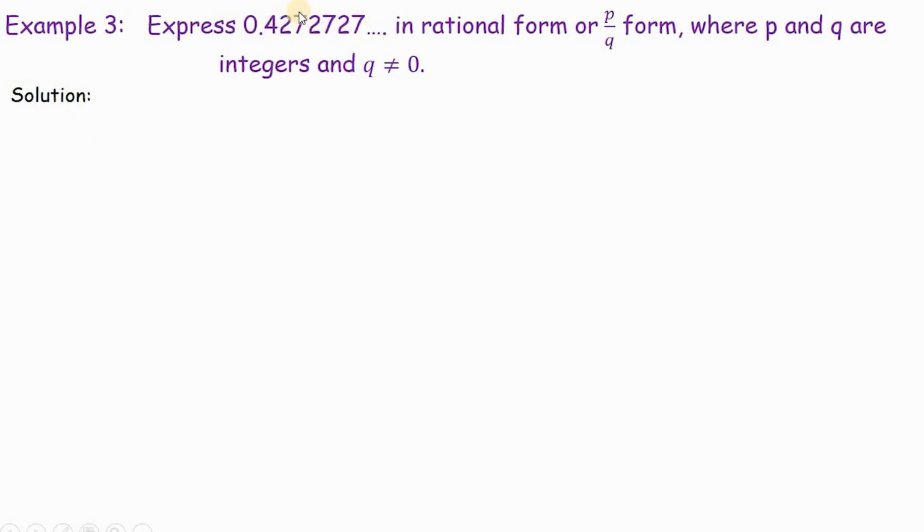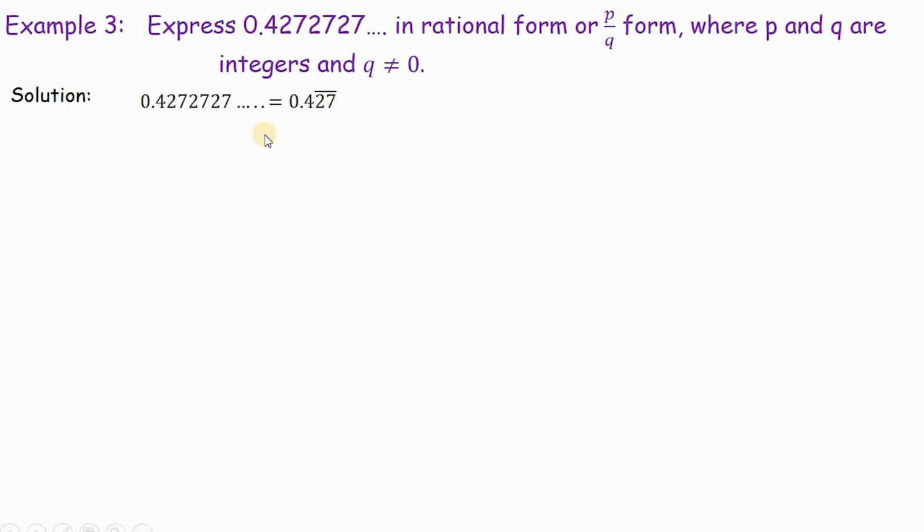You'll see that 27 is repeating. 4 is not repeating. Therefore, first we'll take down the number, that is 0.42727... It can also be written as 0.427 bar. Here the bar is only over 27, not 4, because 4 is not repeating over here.